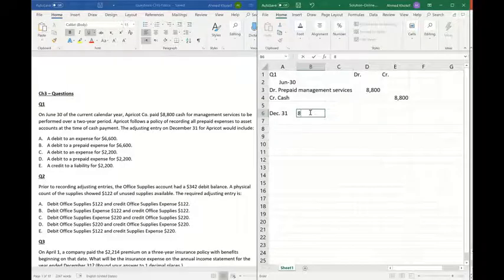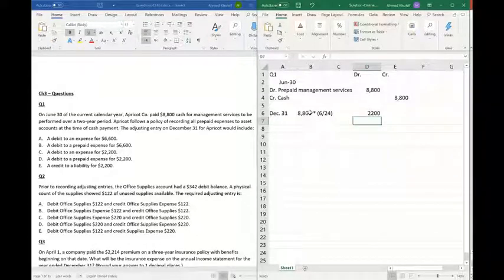So we have the amount here, 8,800, paid to cover 2 years, multiplied by 6 months out of 24 months. So this is 2,200.